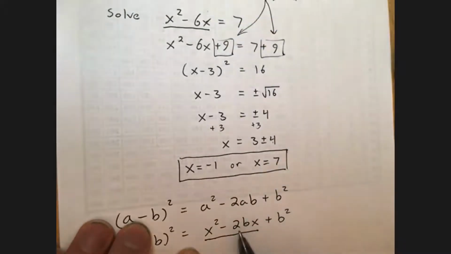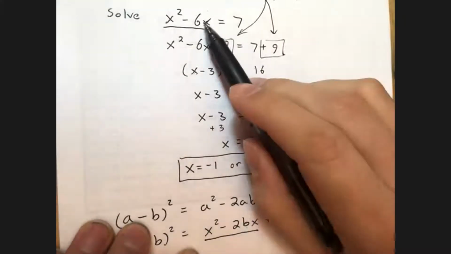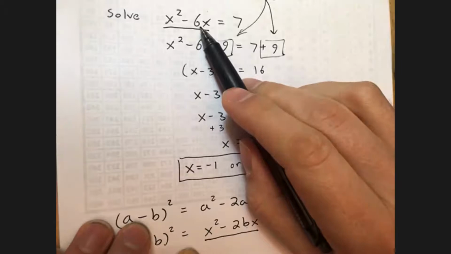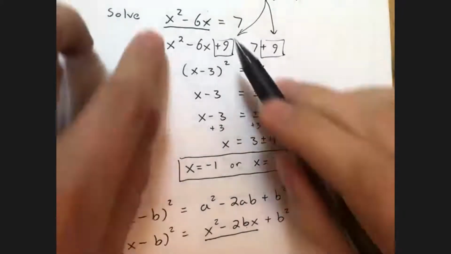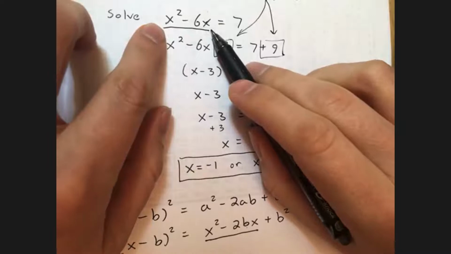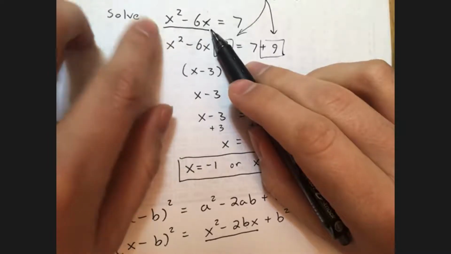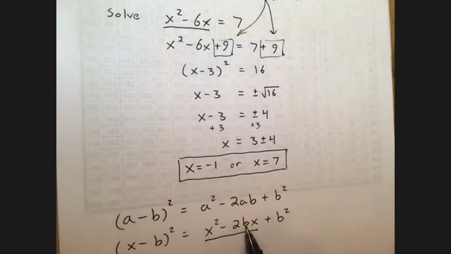Well, I've got 2 times b, so b must be exactly half of 6. It must be 3. So if I put a 3 here, then this underlined thing will be exactly the same as this underlined thing. If I put a 3 in place of b, and then I add the 3 squared, then this thing will be that perfect square.